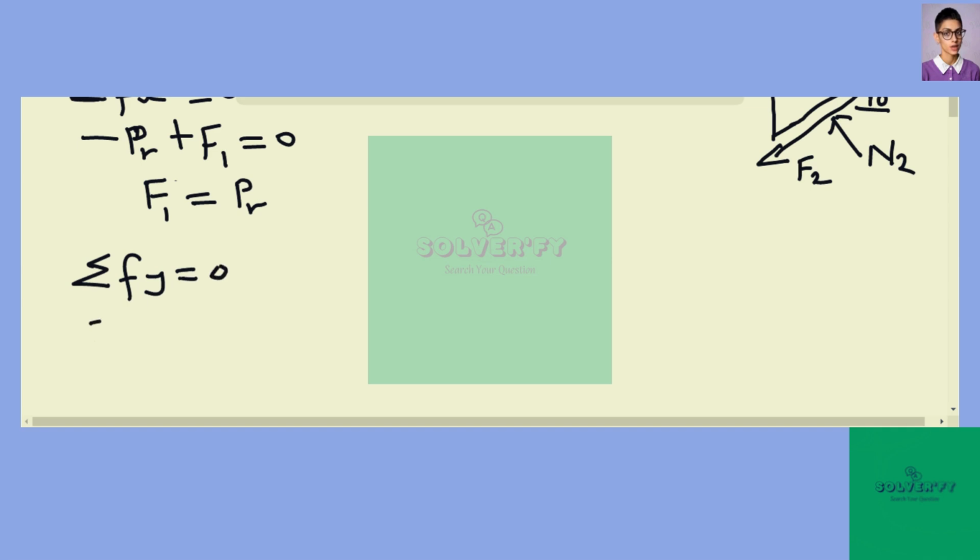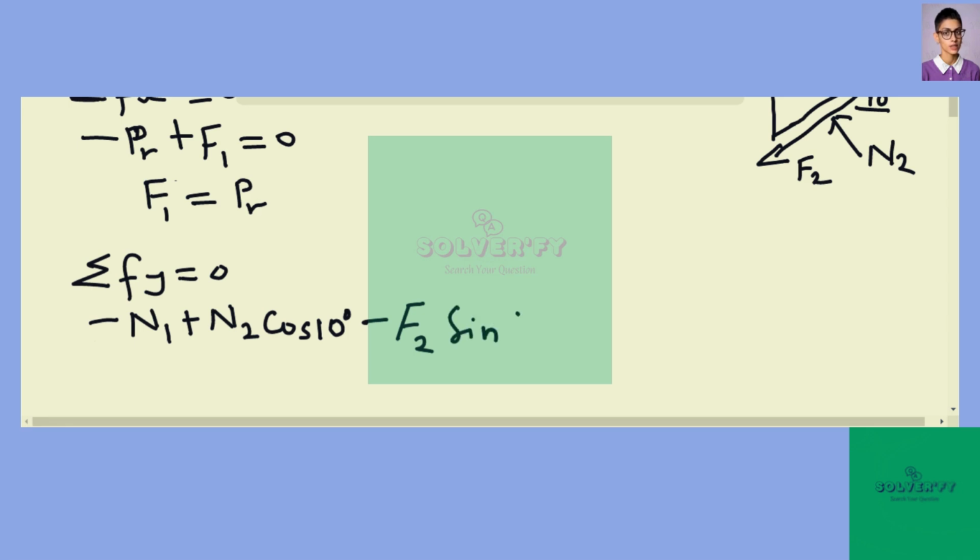The forces there are N1 plus N2, the normal reaction at point 1 and the normal reaction at point 2, N2 cos 10 degrees, minus F2, the frictional force at point 2, sine theta.